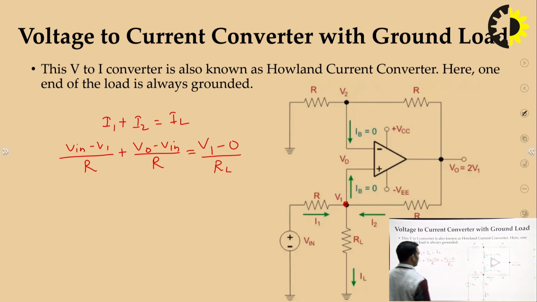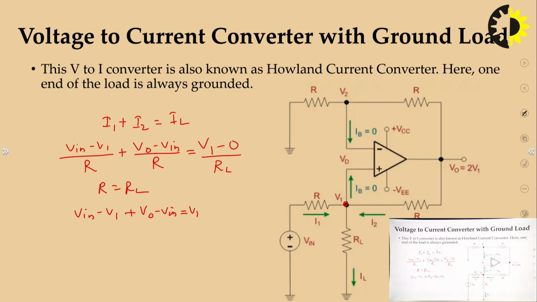If you consider all resistances R equal to RL, then you will get V in minus V1 plus V naught minus V in is equal to V1.